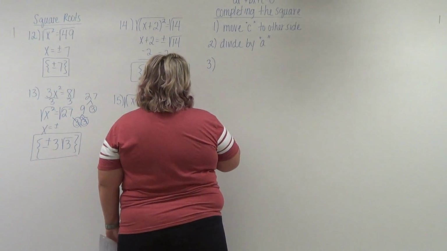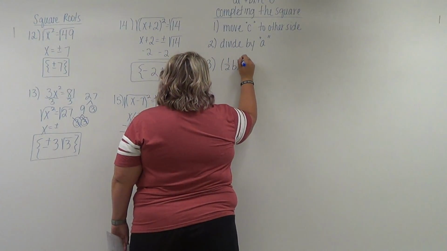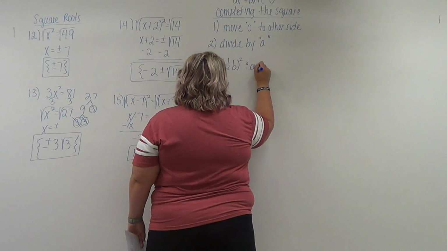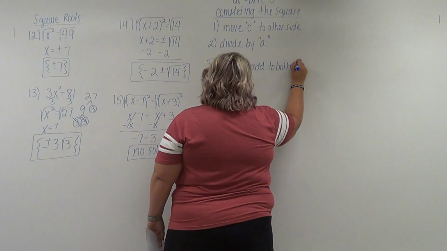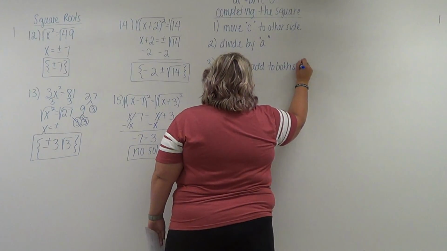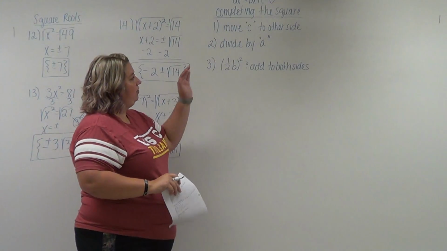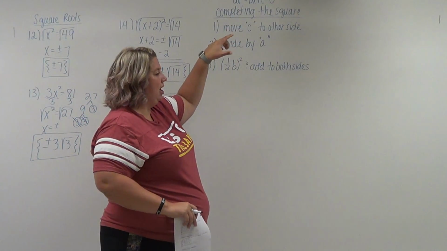Step 3 is we're going to take a half times b, squared, and we're going to add it to both sides. Okay, because you would have just divided by A, your B might not be originally what it starts out as.